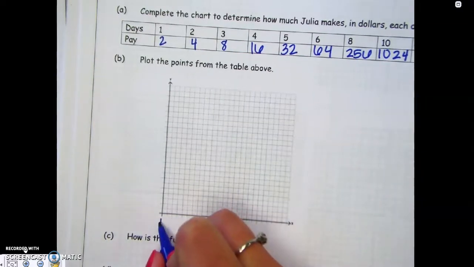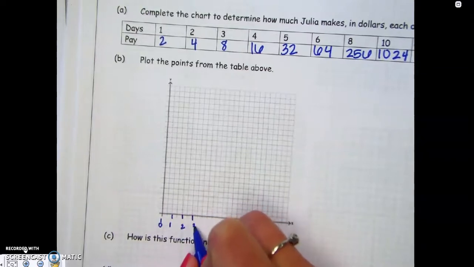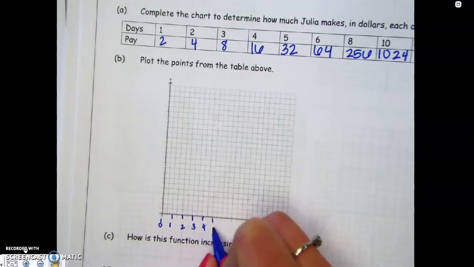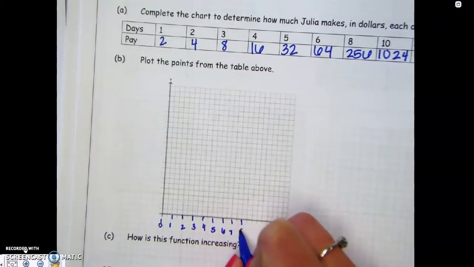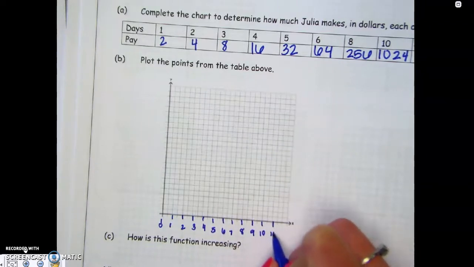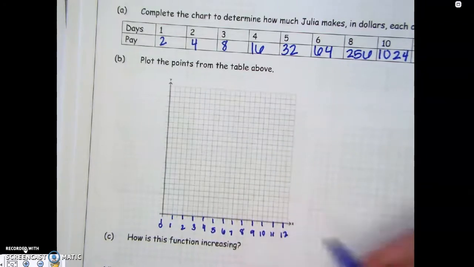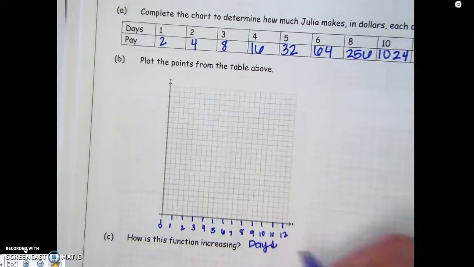So this will be 0, 1, 2, 3, 4, 5, 6, 7, 8, 9, 10, 11, 12. So we'll go up to 12. And the x-axis is days in this case. Usually your x-axis is always your time.